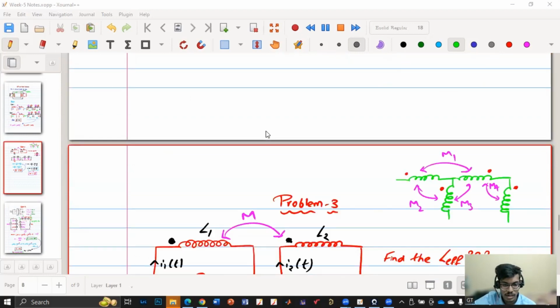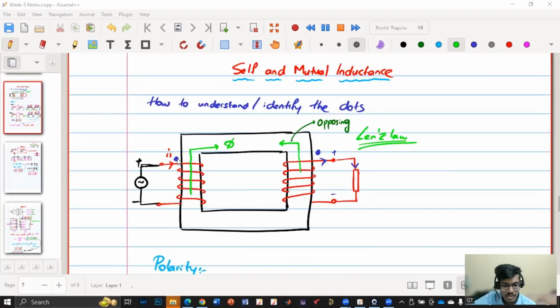See, the dot talks about how these are bound and how the flux is deciding the polarity. Say no current is flowing in I2, and current is only flowing in I1. So flux will pass on this side, from top to down. Then how is the polarity coming over here?